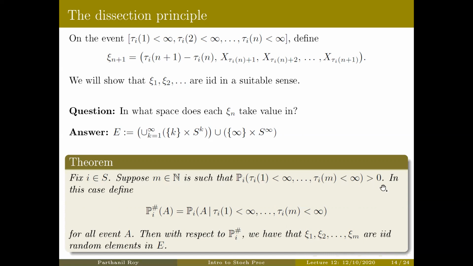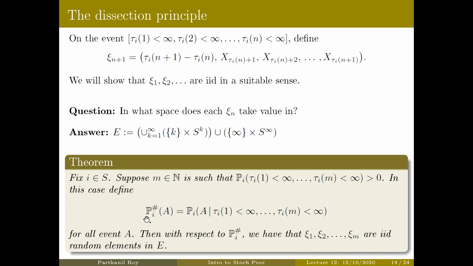Under this assumption, since this probability is positive, we can condition with respect to this event. Look at the conditional probability under this event, which has positive probability. Therefore, this conditional probability is well defined. So denote it by P hash. In other words, for any event A, P hash of A is just the conditional probability under P_I of A given that the first m return times are finite. Okay, this is well defined because of this assumption.